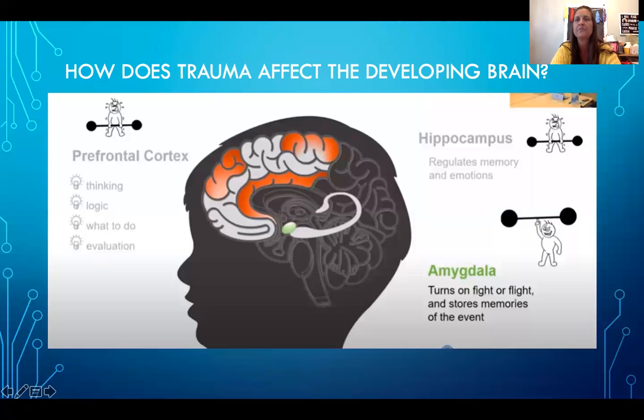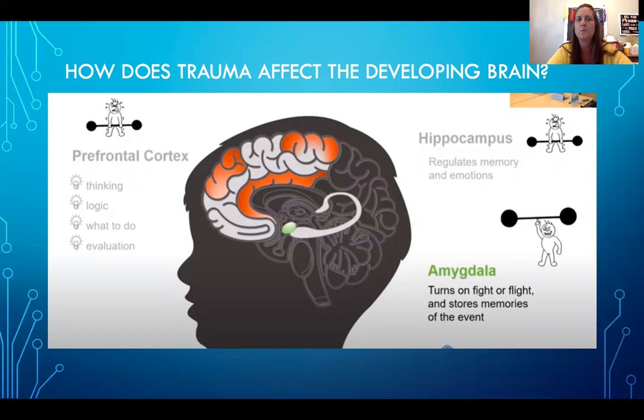All right, so just to talk a little bit about how trauma affects the developing brain. And this is what those two physicians went on to study, because they noticed that those individuals in that 12% had all these adverse childhood experiences. So they started studying their brains.